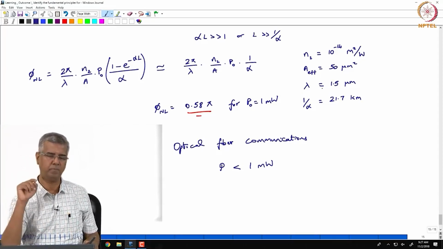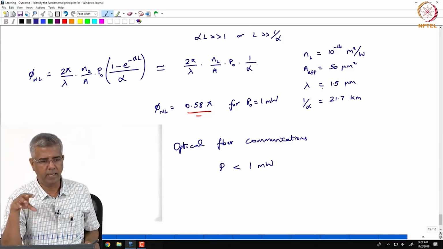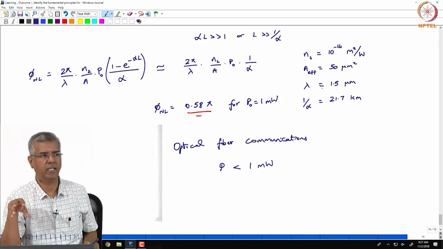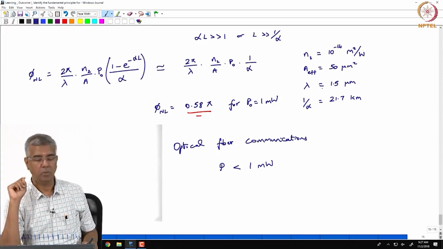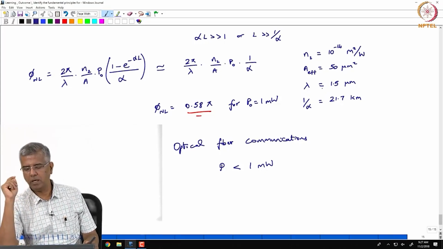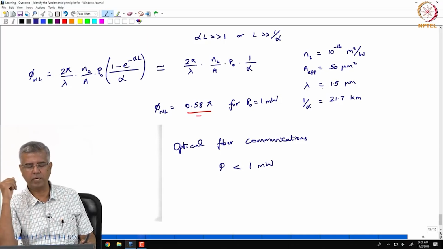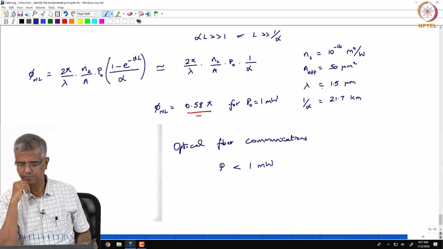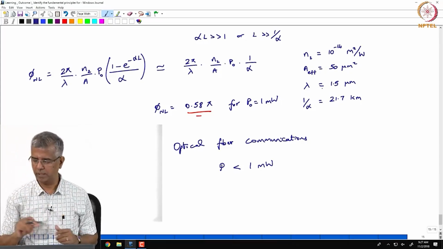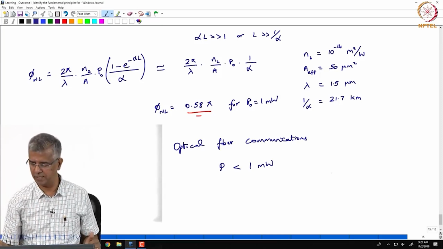Oh, by the way, I am talking about this being a deleterious effect as far as communications is concerned, but it could be used as a beneficial effect. It could be used to our advantage in certain other applications. One example of that is in mode locking of a laser.